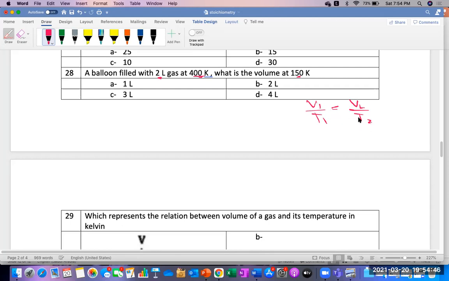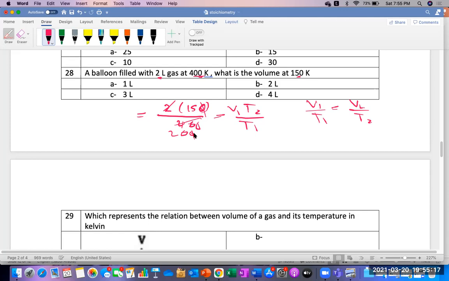So it will be V1 times T2 over T1. I will multiply V1, which is 2, times T2, which is 150, over T1, which is 400. We only need to simplify this. Here it will be 200, and here it will be 170 over 200. 0 with 0, so it will be 15 over 20.